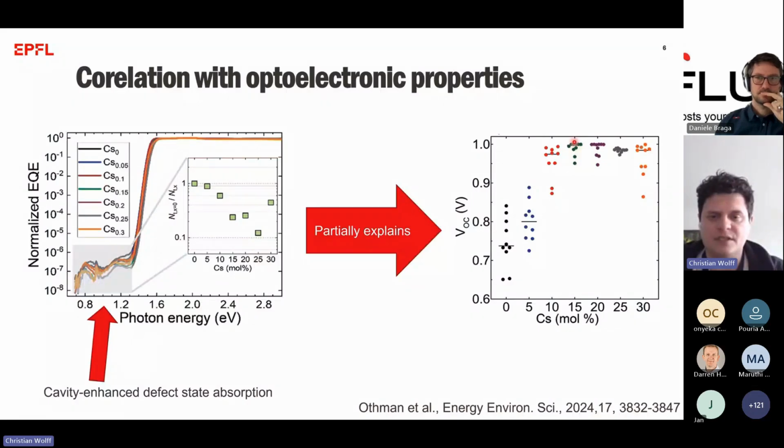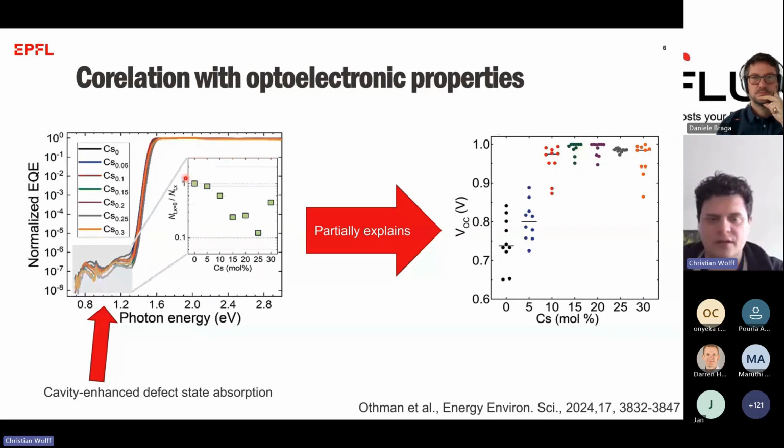I wrote here this partially explains the effect. I think there is more to it. We carried out a more in-depth optoelectronic analysis to find out whether this is sufficient. You can already mathematically say that it's not, right?